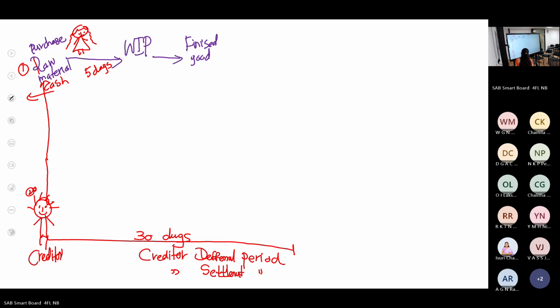Now, Sumudu has taken 5 days in converting raw material into work in progress, right? So we call this period the raw material conversion period.